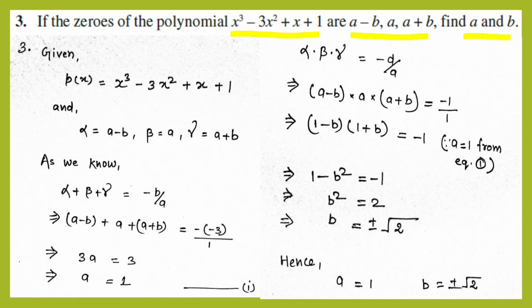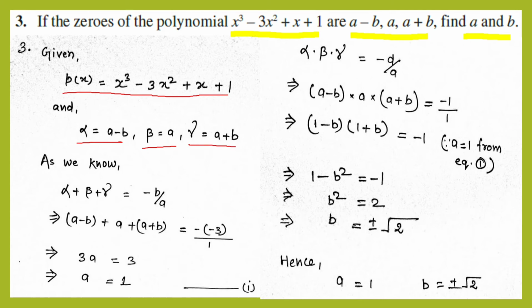So let's solve this. First of all, we are given p of x as x cube minus 3x squared plus x plus 1, and if alpha, beta, gamma are the three roots of this polynomial p of x, then alpha equal to a minus b, beta equal to a, and gamma equal to a plus b.